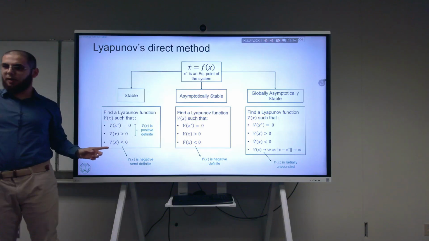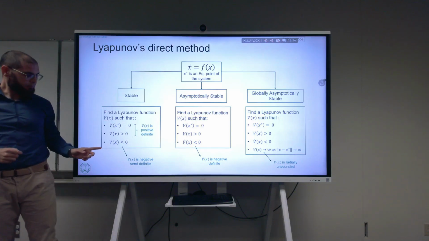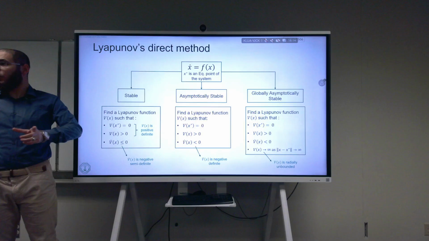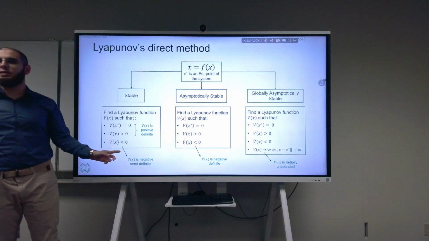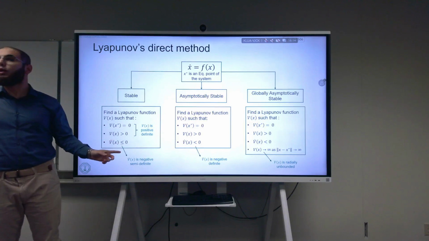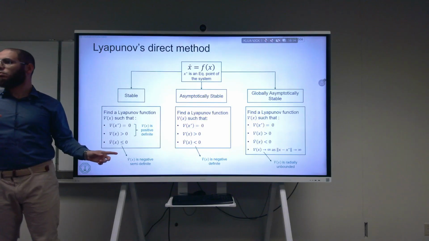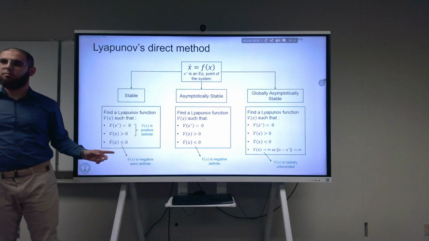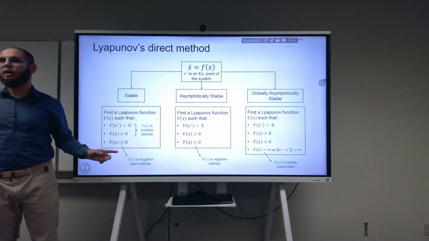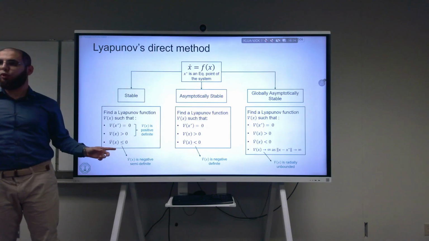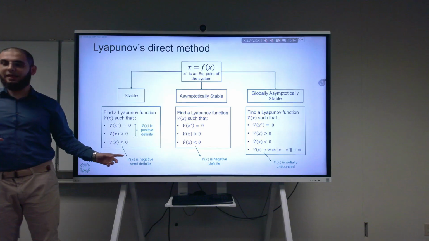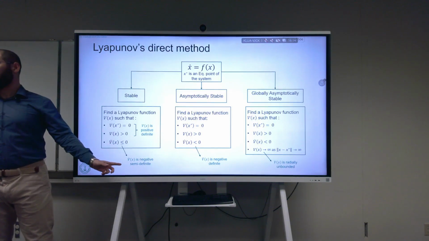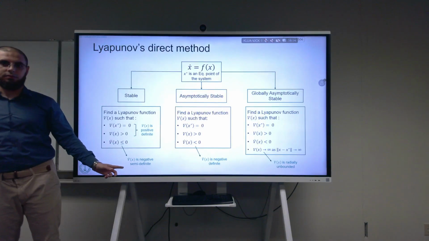You just take the dynamics and plug it into the V dot. And you have to check whether this new function V dot is always less than or equal to 0. It can be equal to 0, or less than 0, but not greater, so it cannot increase at any point. This is the definition of a negative semi-definite function.